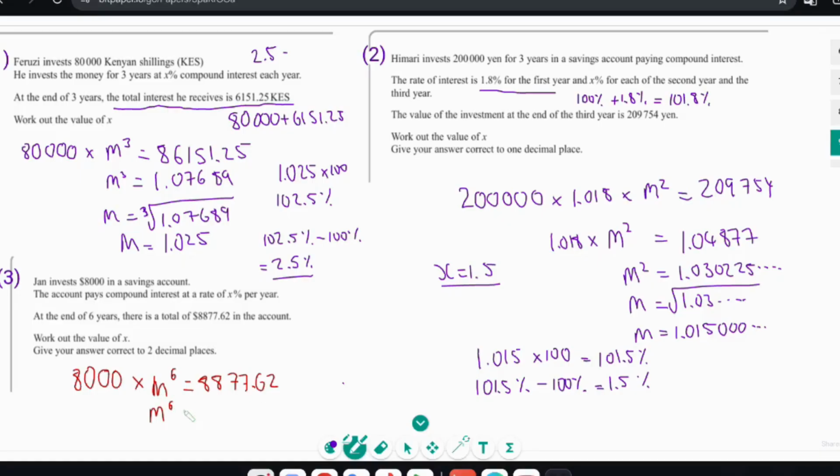So let's divide both sides by 8,000. Okay, now you get 1.1097. Let's sixth root both sides here to find m.